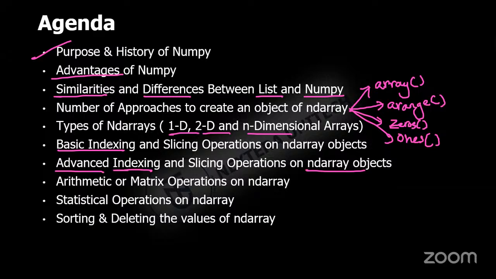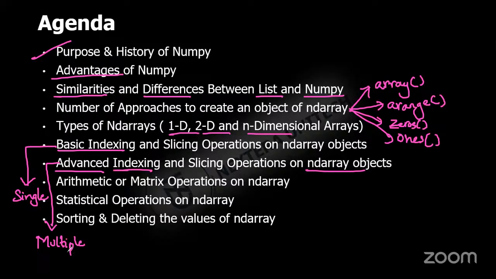We know what indexing is. What is indexing, guys? Indexing means accessing one value at a time, a single value, a single element. That is basic indexing. But what is advanced indexing? Advanced indexing is a type of indexing which allows us to access multiple elements, where these elements may or may not be in a specific order.